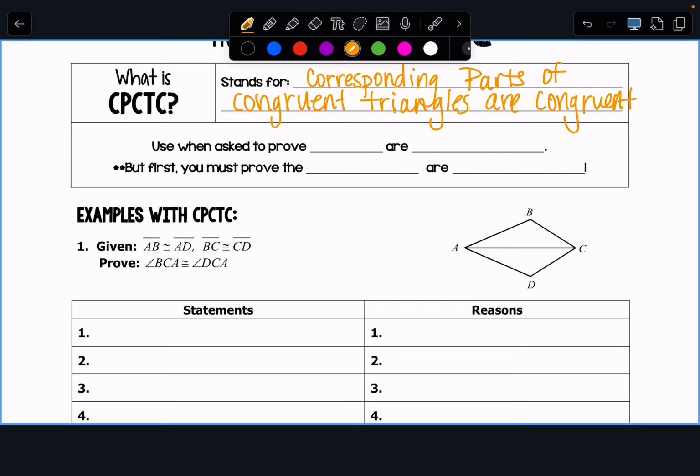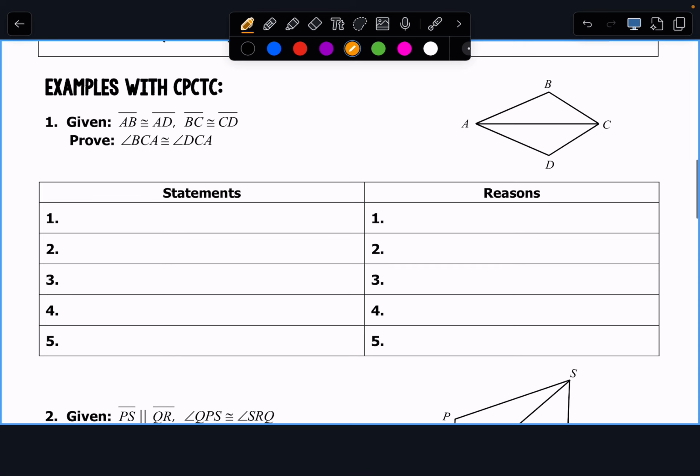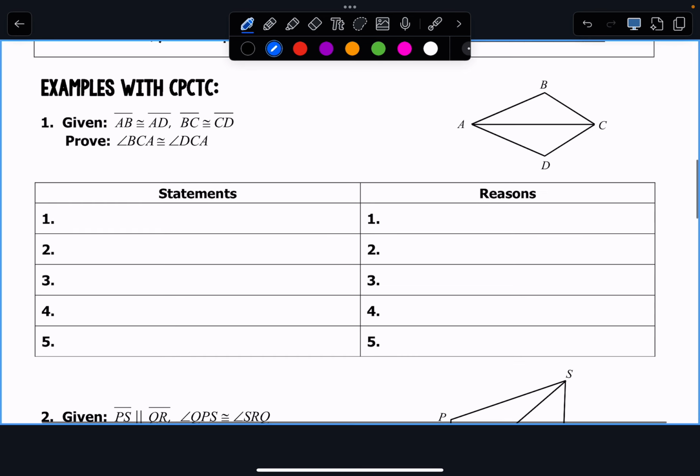All right, so let's talk about problem number 1. What am I going to tell you to do with your given information besides put it in the first line? Mark it. So we know that AB and AD are the same.